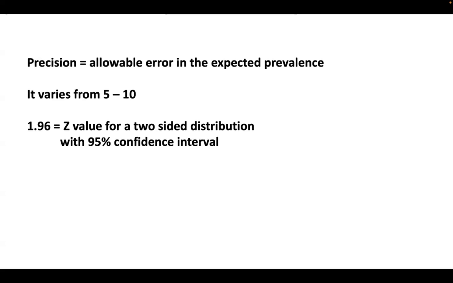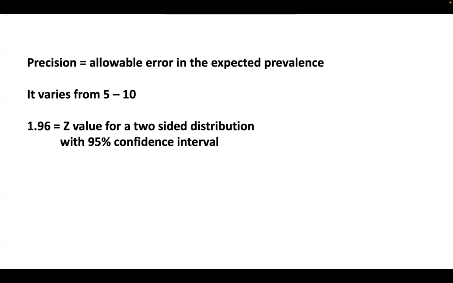In such a case where prevalence is very low, we will take a percentage of that prevalence as the precision. So we will take 5% of that prevalence. The maximum we take is 20%, no, sir? I couldn't find that anywhere.